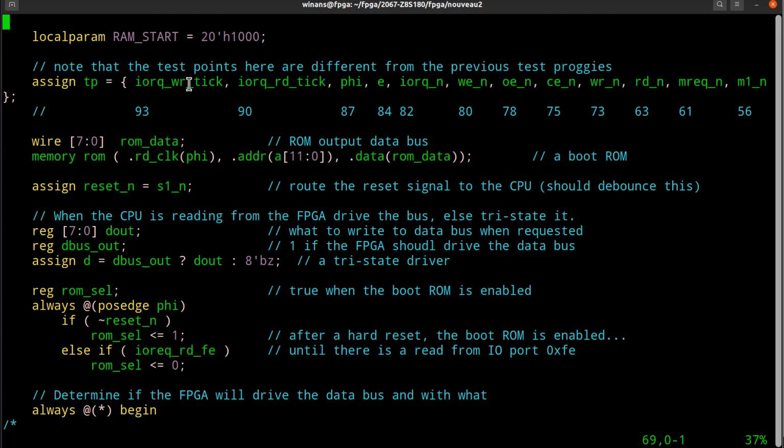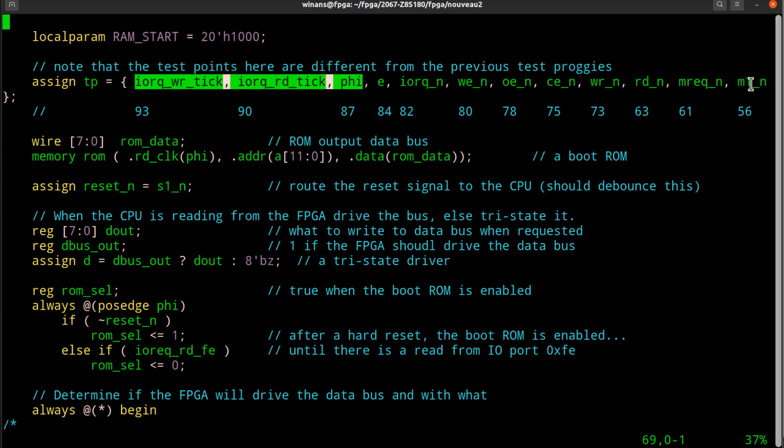I'll summarize. I added these two signals, and this TP is an output bus from the FPGA to a whole bunch of unused pins on the FPGA eval board, so I can clip oscilloscope probes and logic analyzer probes on these signals and see what they look like inside the FPGA, modulo whatever propagation delay the signal has as it leaves the chip, okay? So the key is to look at these in relationship to phi.